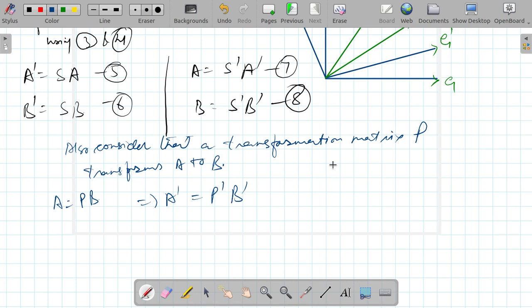But this B can be written as S prime B prime from equation number 8. Let me call it equation number 9.